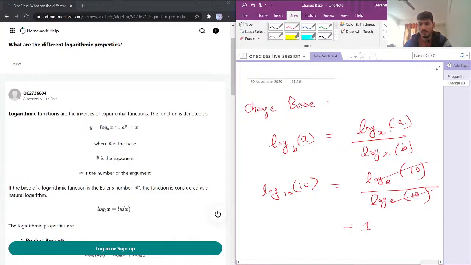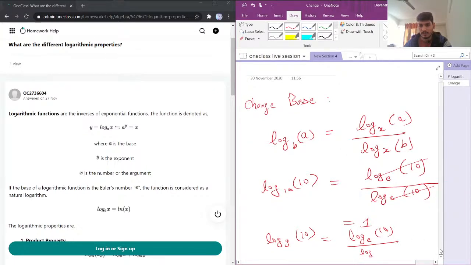So this was a unique case where I was getting 1. I can also write log base 9 of 10 as natural log of 10 in the numerator, and natural log of 9 in the denominator.